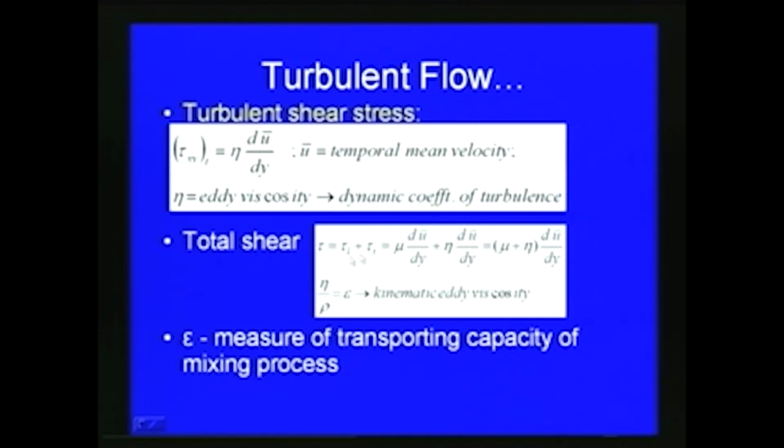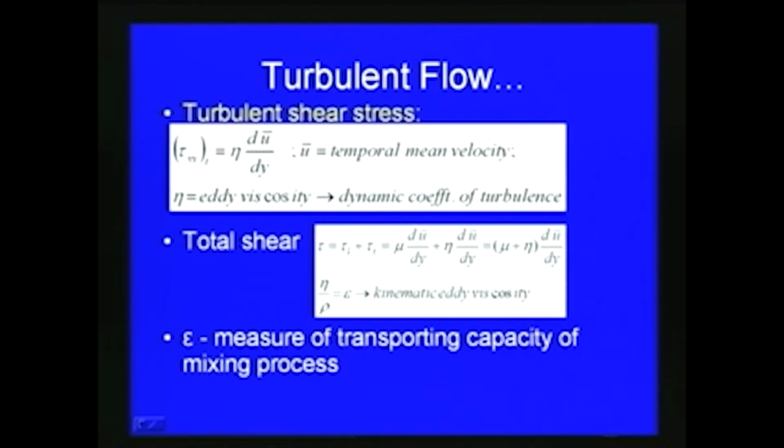As we have already discussed, the laminar shear stress can be expressed as mu into du bar by dy and the turbulent shear stress is expressed as eta into du bar by dy. So, the total shear is equal to mu plus eta into du bar by dy. Wherever turbulent flow is present, if there is a laminar boundary layer or laminar sublayer, the total shear will be the shear stress due to the laminar flow plus the shear stress due to the turbulent flow.